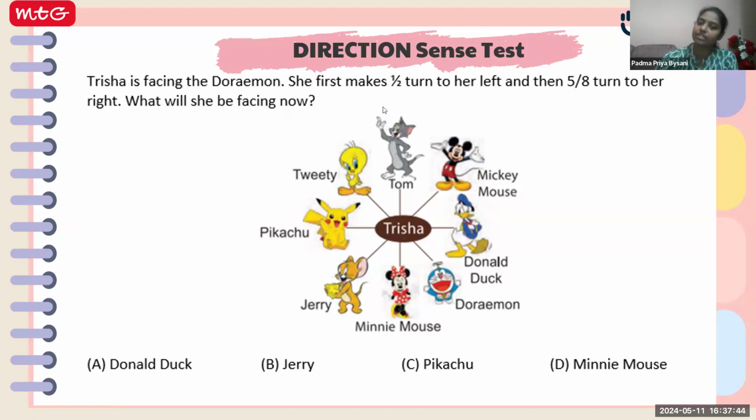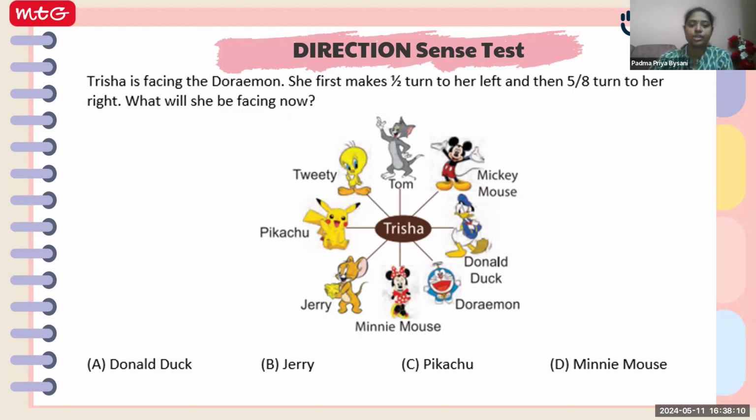Whether it is east, whether it is left, whether it is right side, whether it is back side, whether it is southeast. So there are many relations in this direction sense. That understanding will be made better when you have a good teacher to guide you and enough practice to analyze the relation between the various directions.